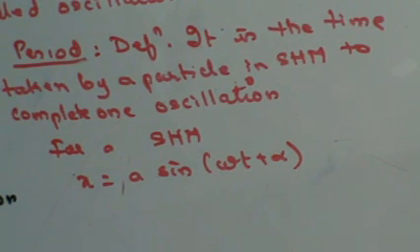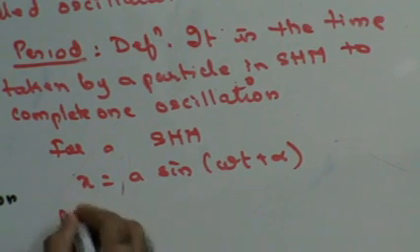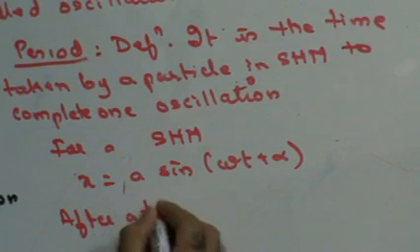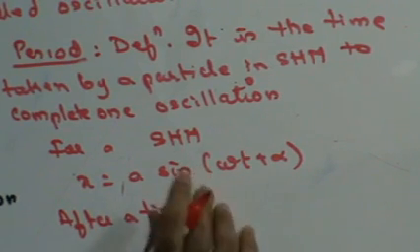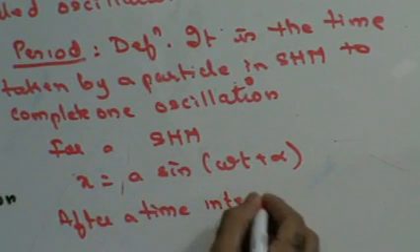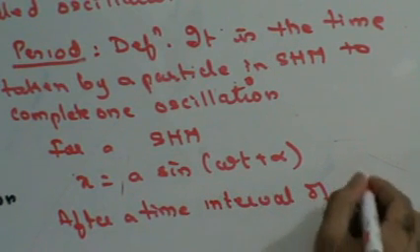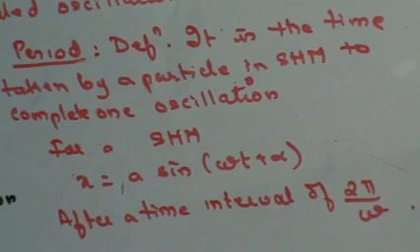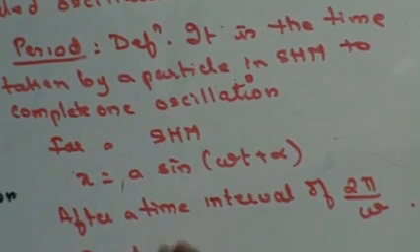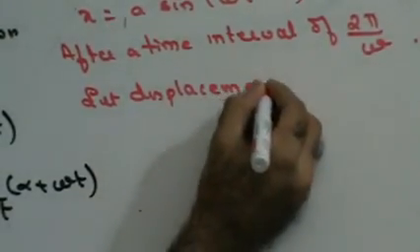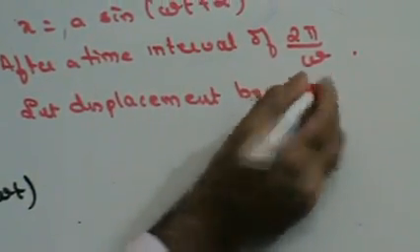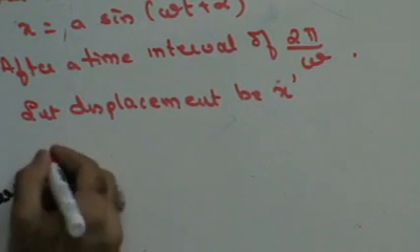Now, after a time interval of 2 pi by omega, let us assume that the displacement is x bar. In that case, how will I get the expression for x bar?